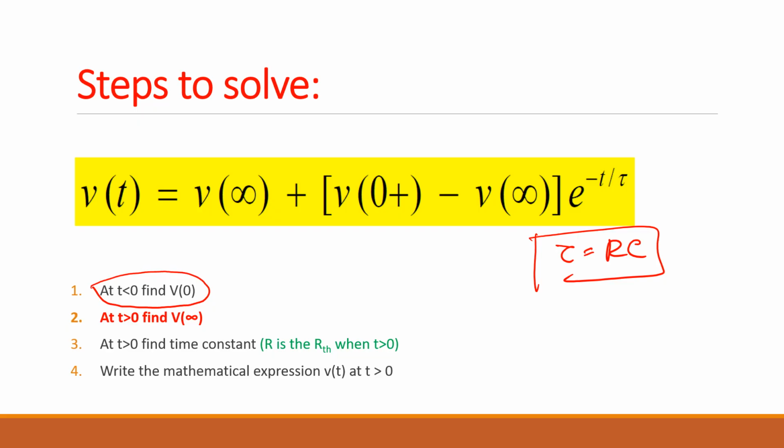Then you use the circuit where time is more than 0, and you make the time infinite and you find the V infinite. And you can find the R using this time is more than 0 circuit and finding the open circuit resistance across the capacitor, and you substitute all that into this equation and you will find it. So that's the equation you get, so you don't have to worry about it.